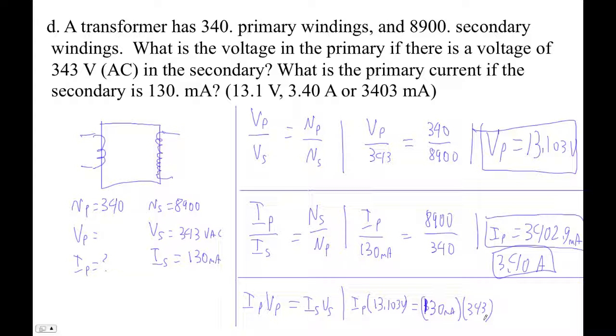So 130 times 343 divided by that voltage that I got. And I get exactly the same thing, right? I get that the primary is 3402.9 milliamps. So I also get the understanding that power in equals power out, which I think is important.